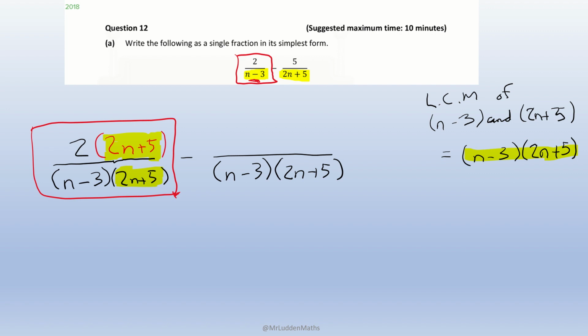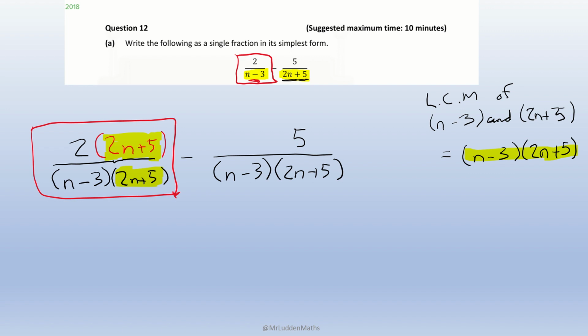So I'm going to move on to my second fraction here, and I've got 5 all over 2n plus 5. So you'll notice I had my 5 over this already. I've multiplied my bottom here. Now my original one was 2n plus 5.